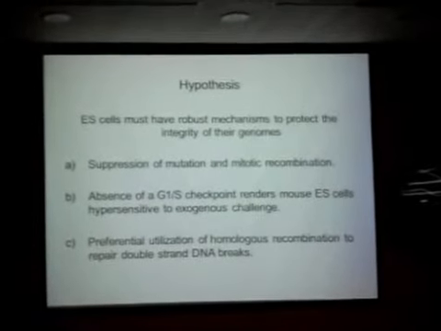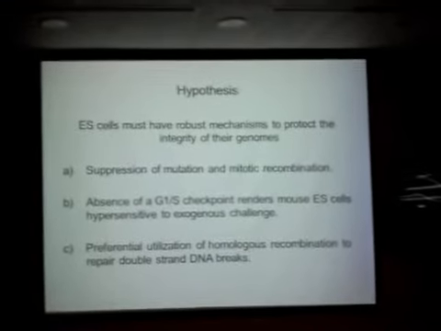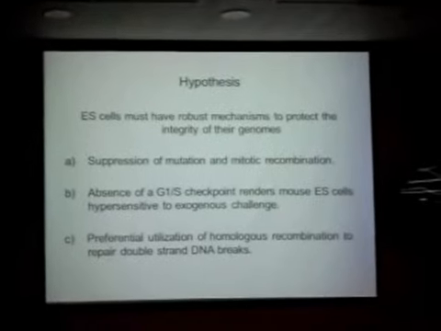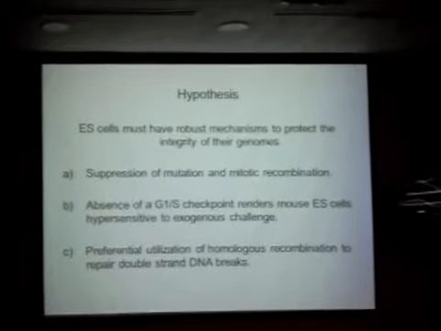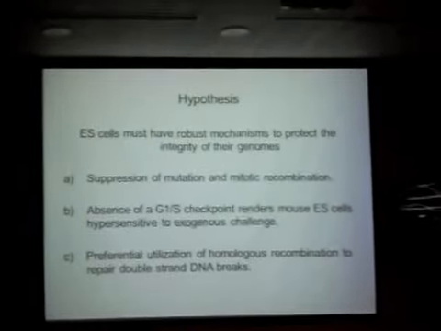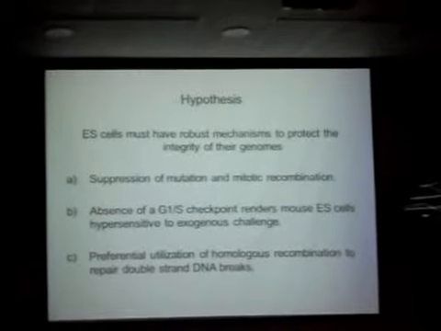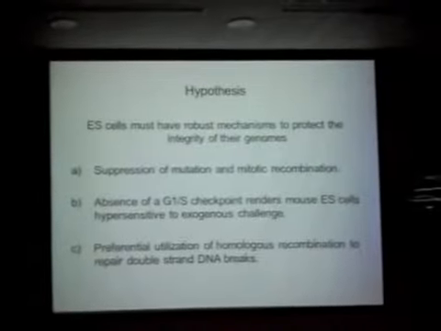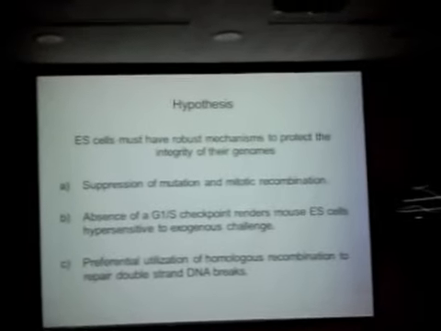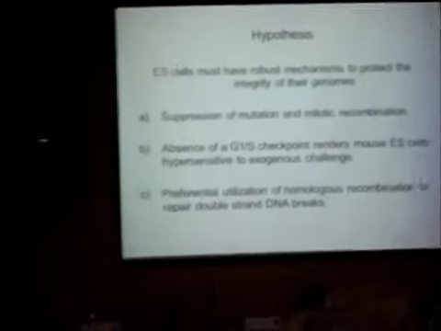Second is that embryonic stem cells, mouse embryonic stem cells in the parent human, lack a G1/S checkpoint, so if you damage the DNA in those cells, they don't arrest in G1, they go into S phase, that damage is exacerbated, and they go on to die.